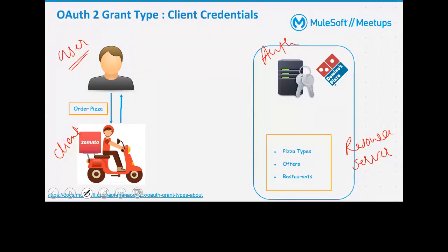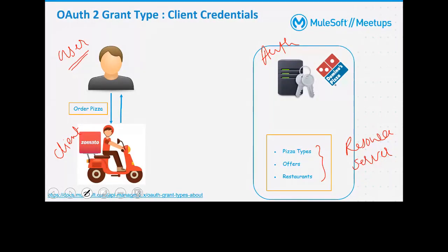Whatever is hosted on the resource server, the pizza types and offers, these resources do not belong to our user account. That's the reason we say this guy is only a user. He's logging into Zomato and saying, let me order my pizza. So Zomato will go, and Zomato is already registered with Pizza Hut, Domino's and all that.